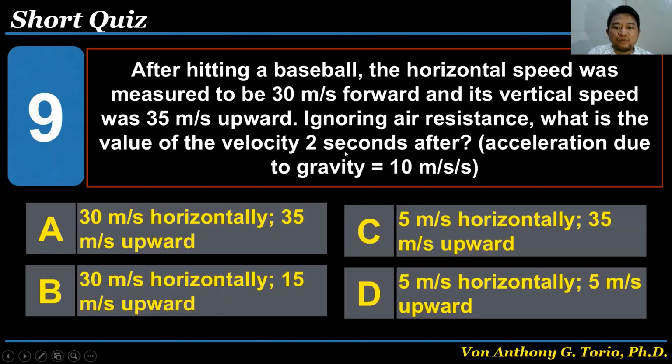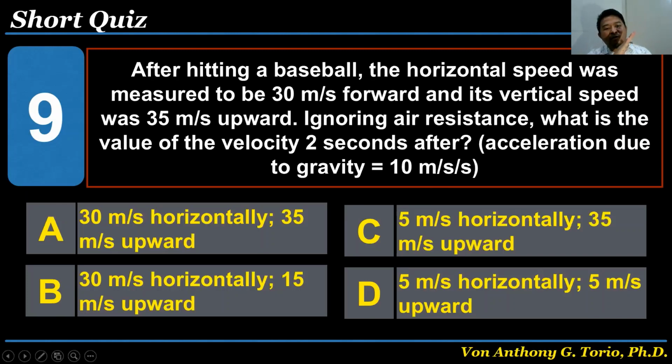And then if it's 2 seconds after, that's 2 times 10, that's 20 meters per second. Let's recall what the question is asking. The vertical speed was 35 meters per second upward.